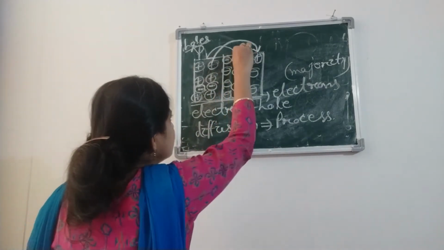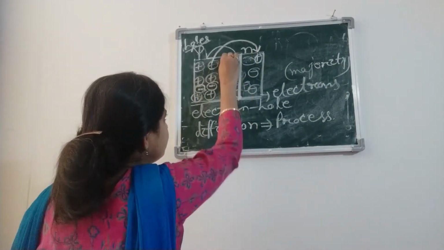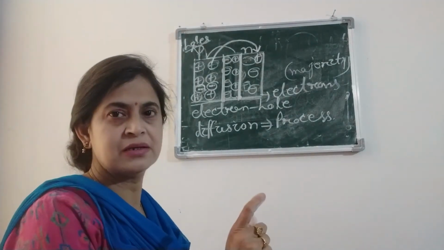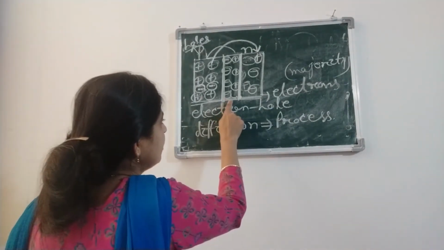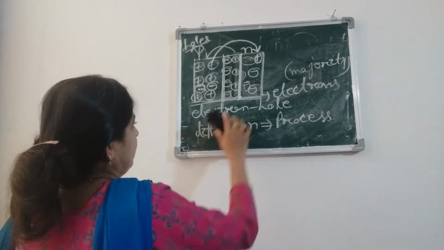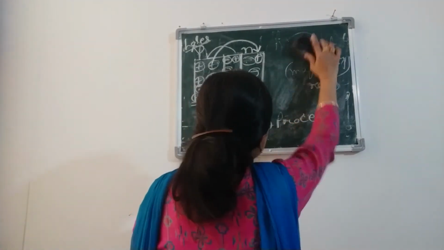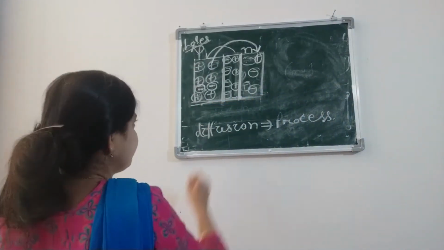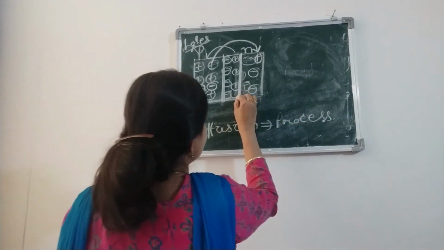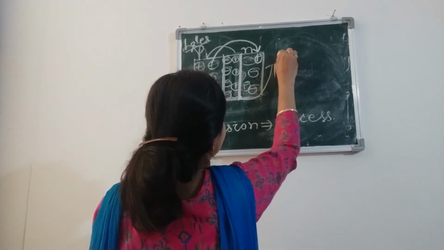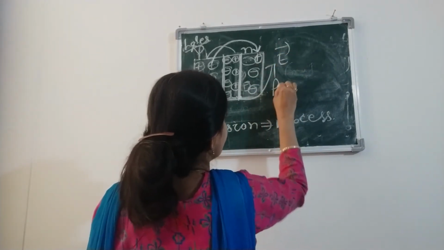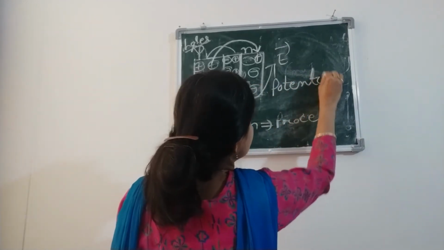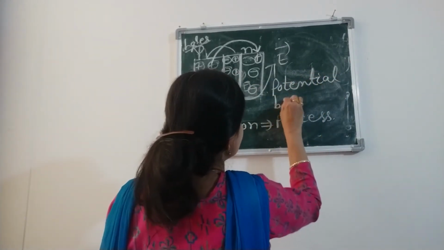then a junction will be developed here, or an electric field will be developed here, and that electric field will create a barrier. The potential developed due to this barrier is called the potential barrier.